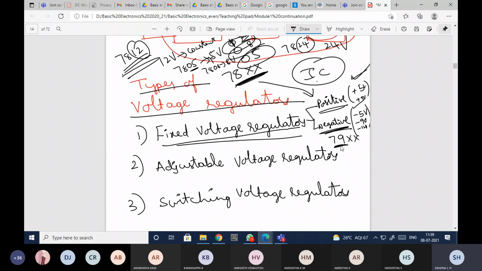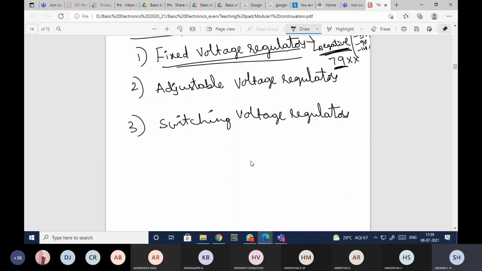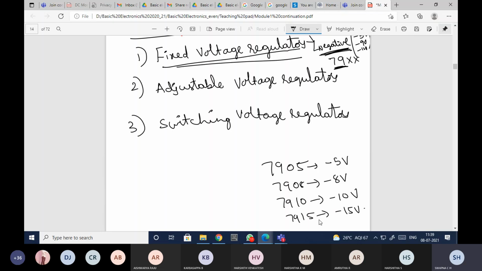If the IC number starts with 79, it indicates that it is a negative voltage regulator. So 7905 will provide you constant minus 5 volts, 7908 minus 8 volts, 7910 minus 10 volts, 7915 minus 15 volts, 7920 minus 20 volts. If the first two numbers are 79, these are negative fixed voltage regulators. But anyway, we will concentrate on 78XX.